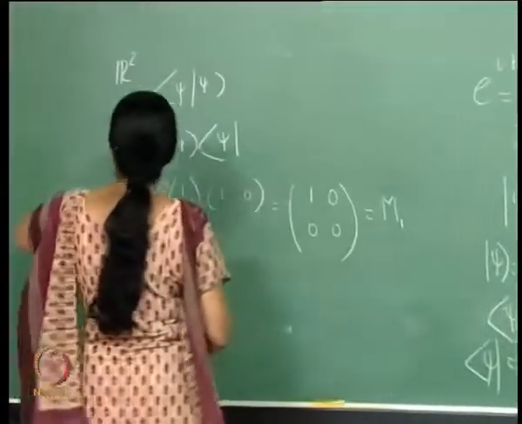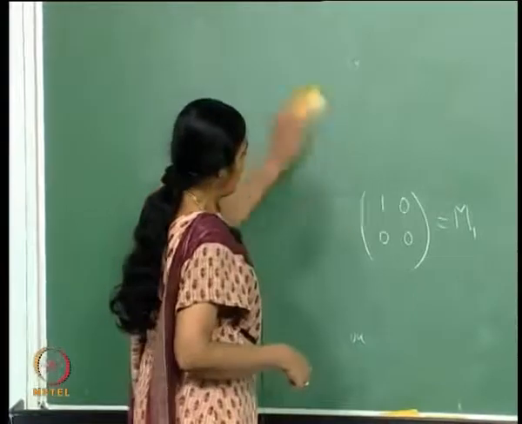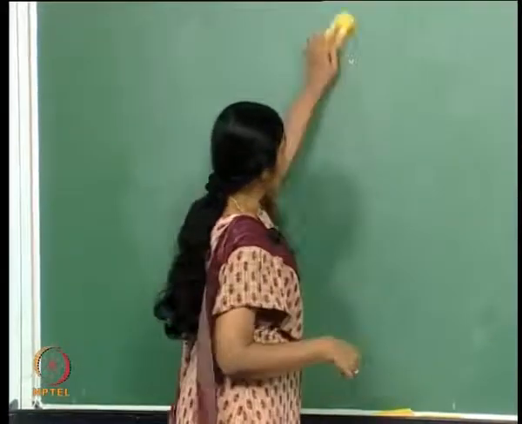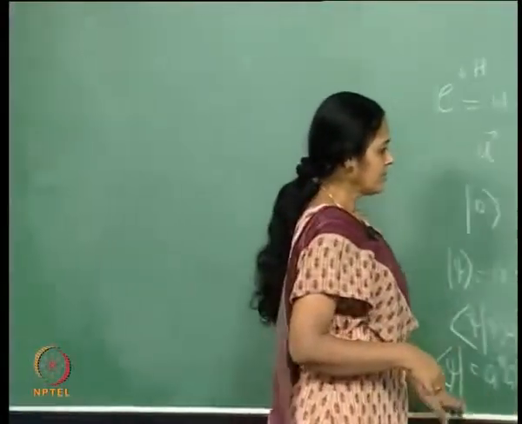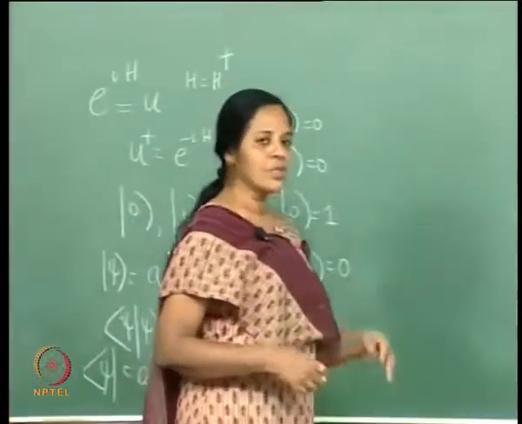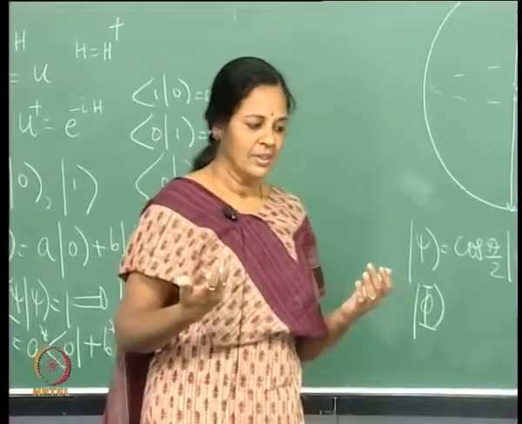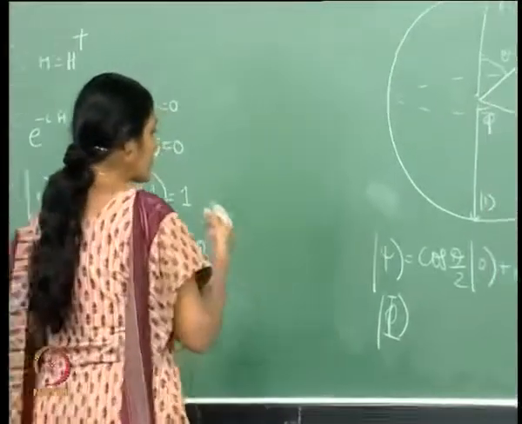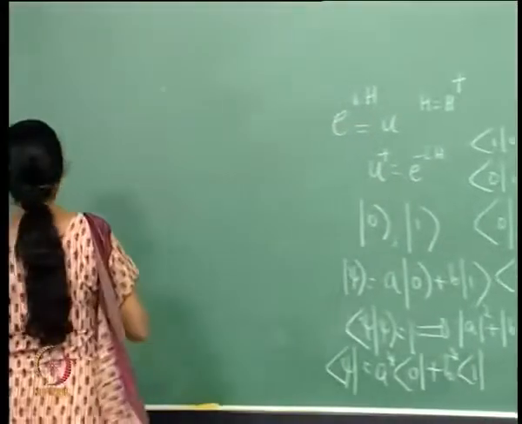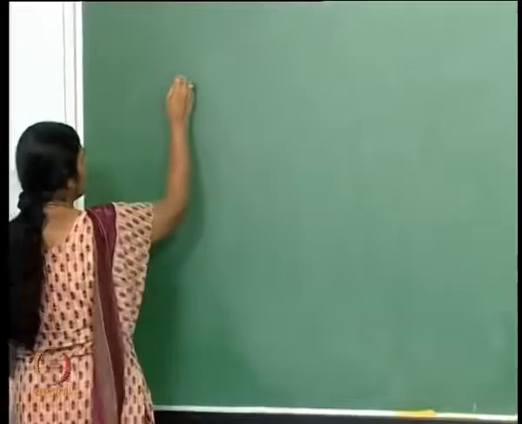Now, the other thing that I want to talk about, the other physical situation. The first one that I spoke about was in harnessing information by storing it in qubits. The other situation is in the context of angular momentum.